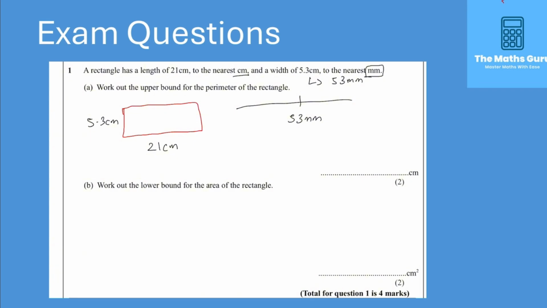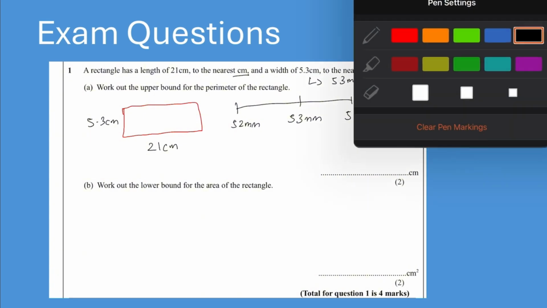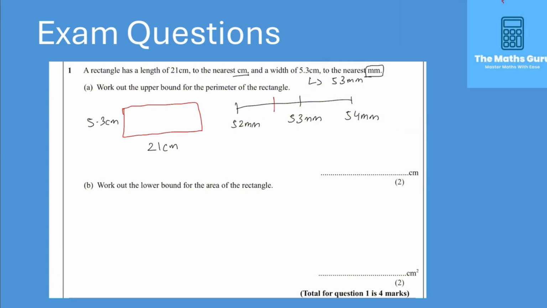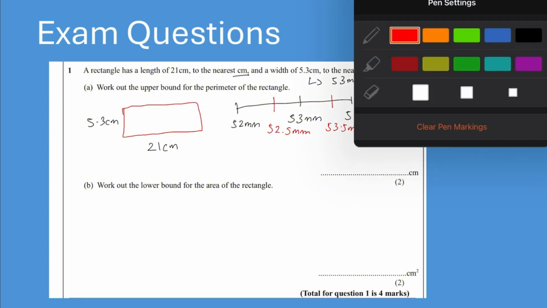Because it's to the nearest millimeter, we add a millimeter on the right hand side to get 54, and on the left hand side, we take one away from 53 to get 52 millimeters. Once again, using our midpoints, we get 52.5 millimeters and 53.5 millimeters. Once again, we're interested in the upper bound.